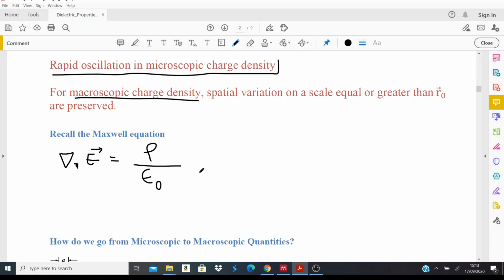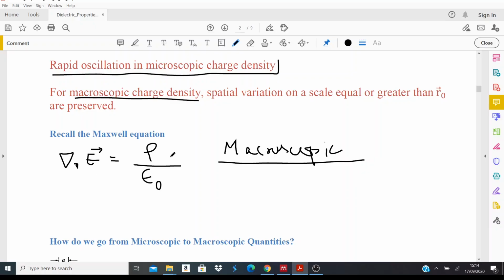So far, all the electric fields and all the charge densities have been macroscopic. So from this lecture, you can appreciate that when nobody is distinguishing between microscopic and macroscopic, every electric field and every charge density in the equation was in the macroscopic world, right?